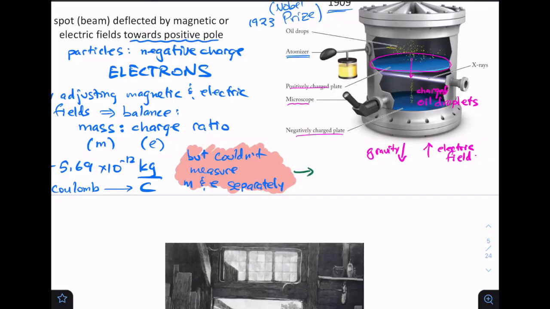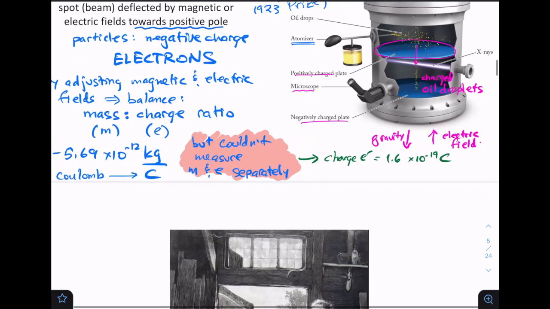So from Millikan's experiment, this is where we get the charge of an electron. I usually use a lowercase e with a negative sign on top as shorthand for electron, because I don't like writing out the word every time. So the charge of an electron, now we have, is 1.6 times 10 to the minus 19th coulombs. And because we knew what the mass to charge ratio was from Thomson's experiment, now we know what the mass of an electron is, which is about 9.1 times 10 to the minus 28th kilograms.